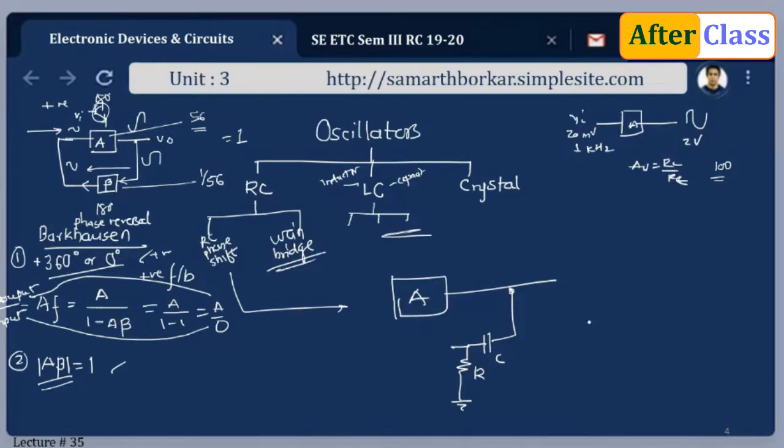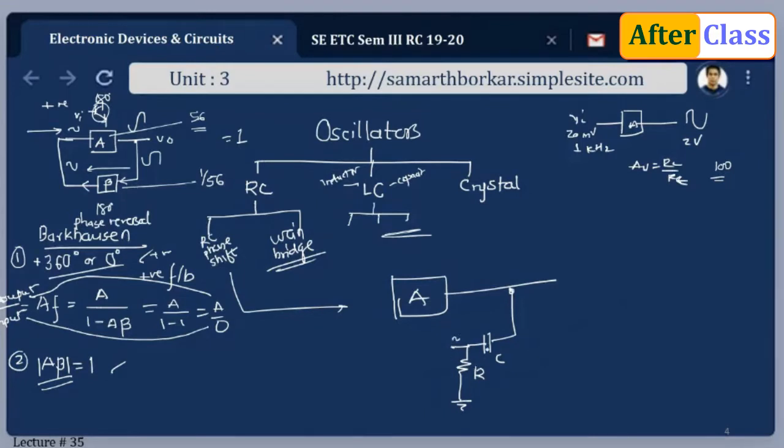Last class we had also discussed this network. This RC network provides a phase shift, and that value depends upon phi, which equals tan inverse of 1 upon omega CR. Depending upon the values of R and C, it will introduce a shift.